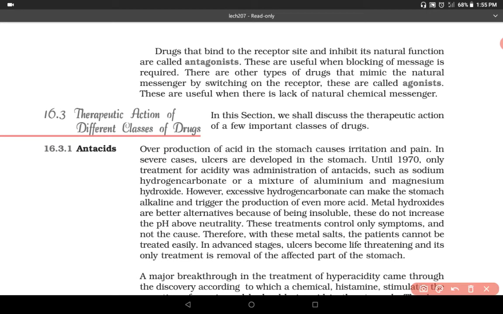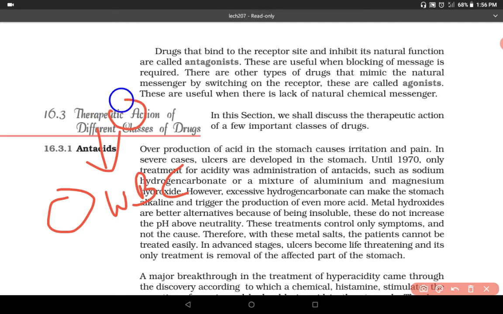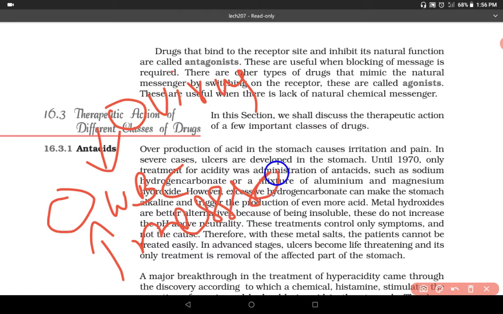If some wrong message is passing in our body, for example a virus comes into our body, but our WBC thinks that it is also part of our body and doesn't kill the virus, a wrong message is passing to the WBC.